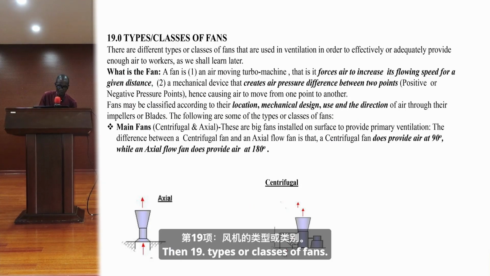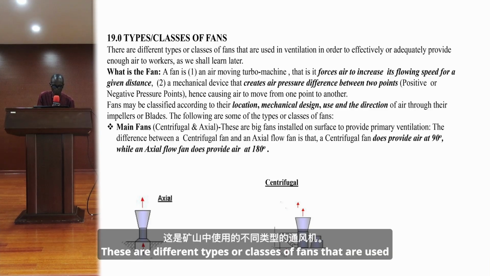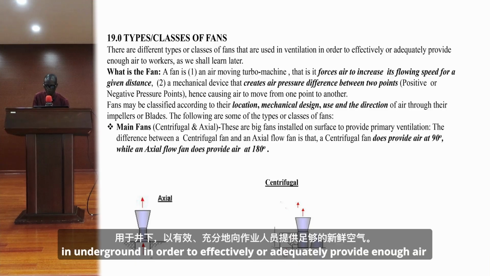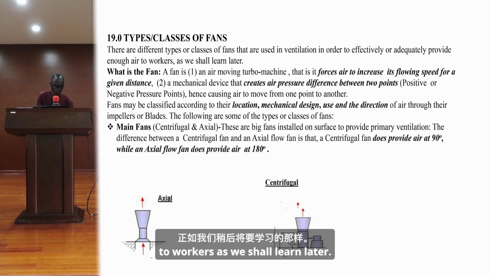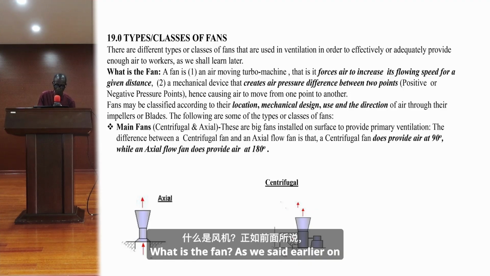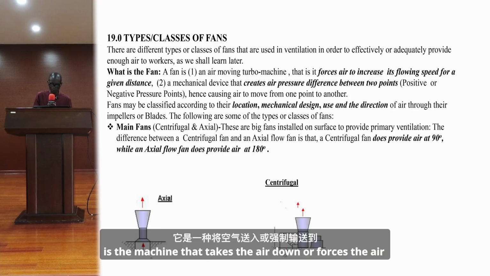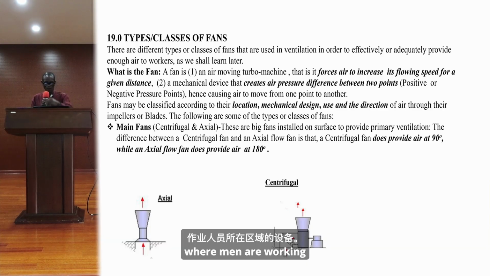Then number 19, types or classes of fans. These are different types or classes of fans that are used underground in order to effectively or adequately provide enough air to workers, as we shall learn later. What is a fan? As we said earlier on, it is a machine that takes the air down or forces the air where men are working.